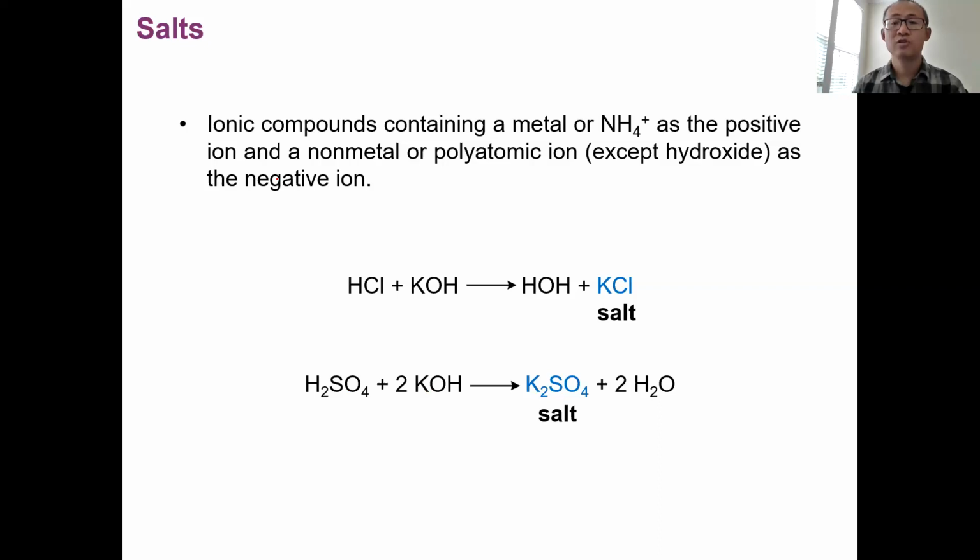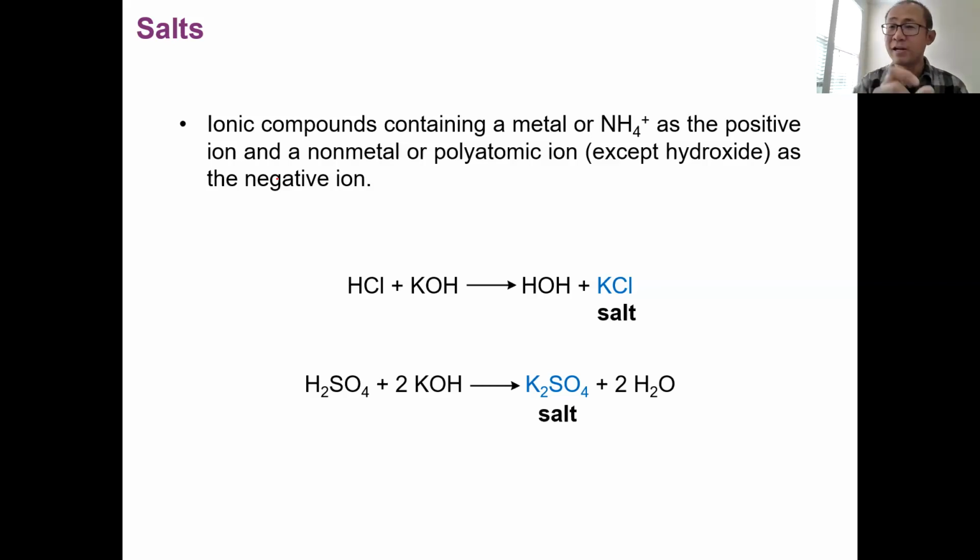Okay, but again, salts are compounds containing a metal or ammonium as the positive ion and a non-metal or a polyatomic ion as the negative ion. Okay, KCl, K2SO4, KNO3, sodium nitrate, sodium chloride, sodium bromide.